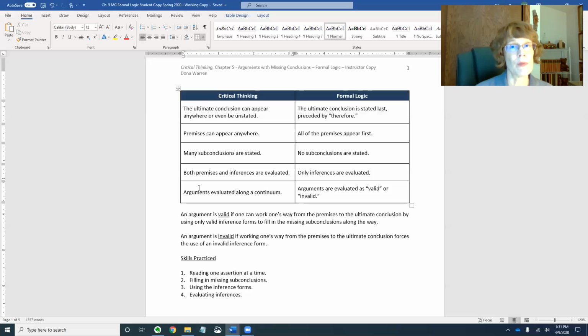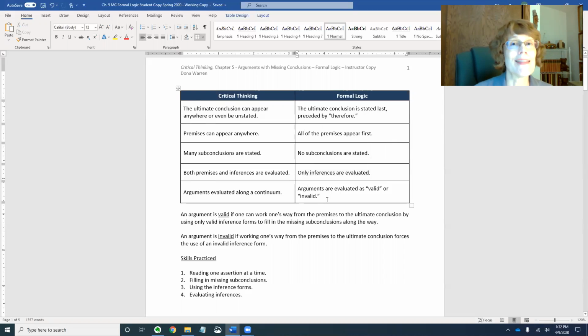One inference might be better or worse than another. But it's an analog function, right? It's not like good or bad. In formal logic, we will not look at the premises at all. We only look at the inferences. And when we evaluate them, we only evaluate them as good or bad, valid or invalid.